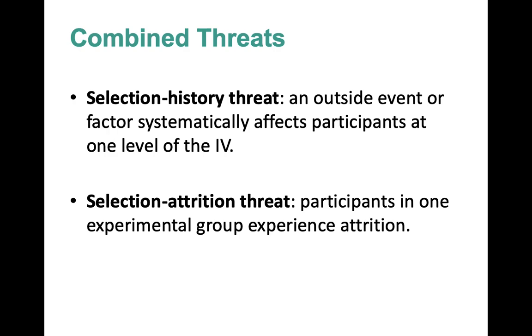So a selection attrition threat would happen when participants in one experimental group experience more attrition than others for various reasons, but in the one that I outlined, in some cases it can just be more difficult to participate in one level of the independent variable or in one treatment group versus another.